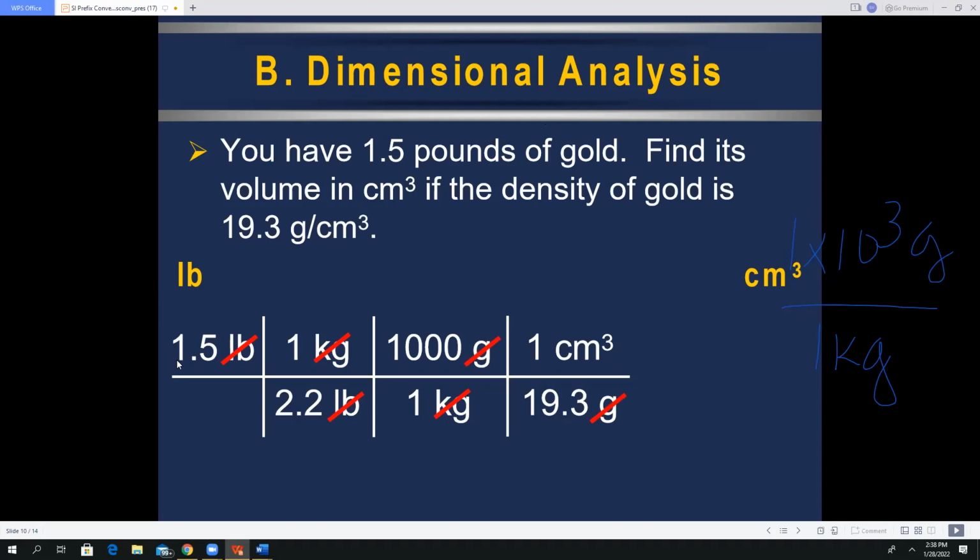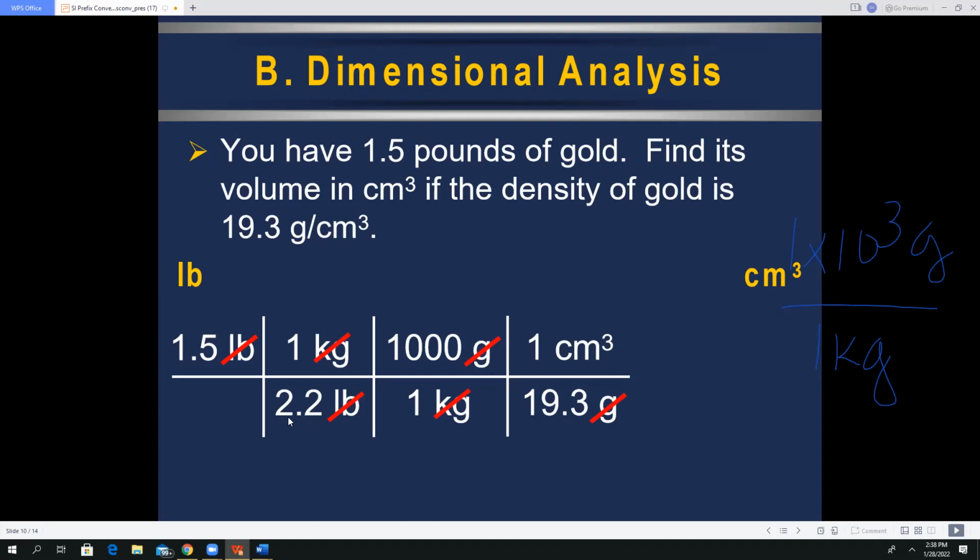Now, all you have to do is multiply 1.5 times 1,000 and divide it by 2.2 and 19.3. So in my case, I'm going to do that. It's going to be 1.5 times 1,000, and I just use divided by, and I open another parenthesis and say 2.2 times 19.3, close it and hit equal.